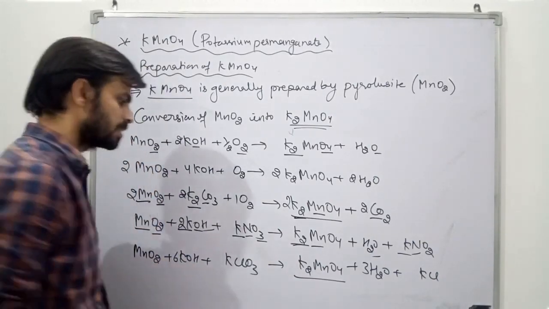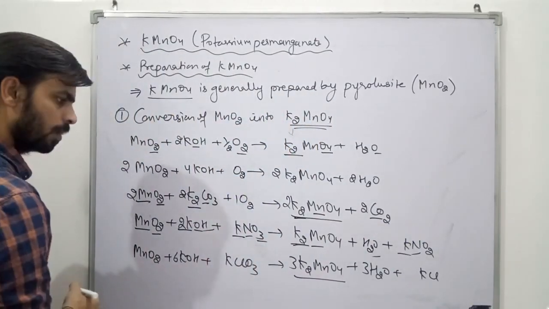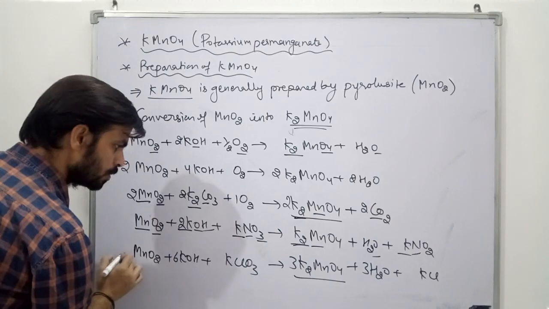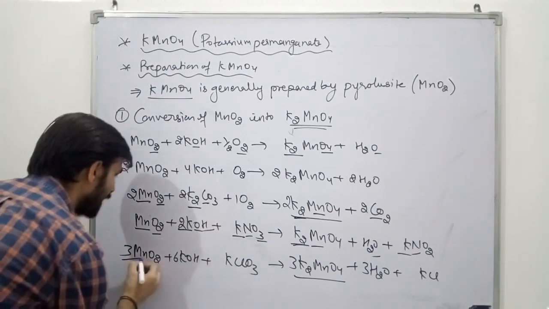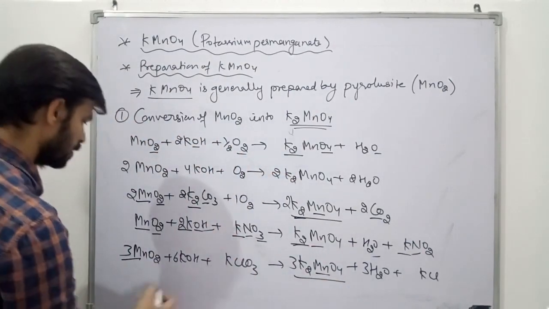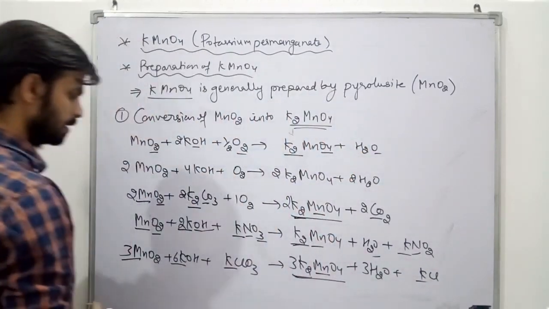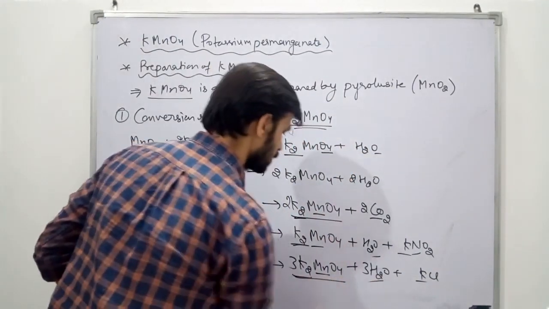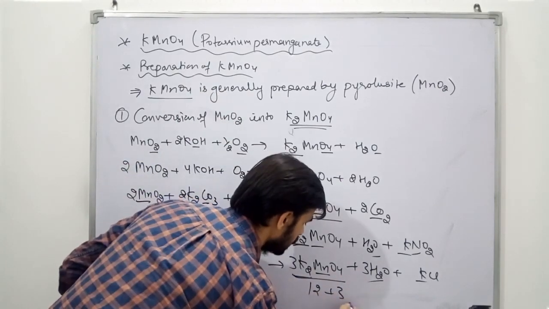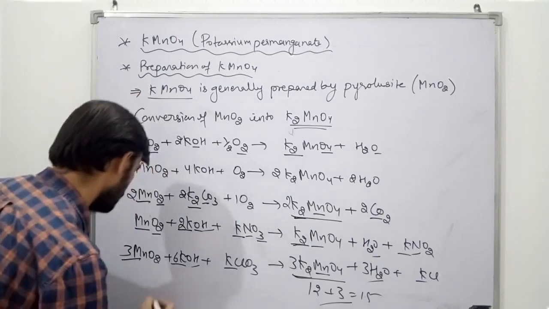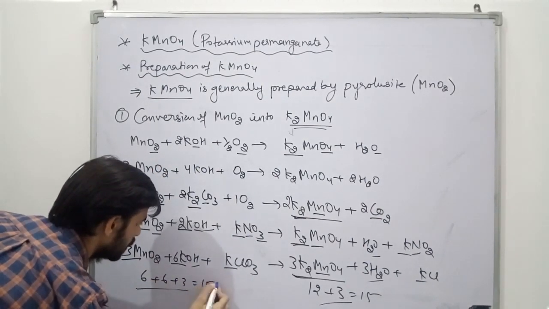Then 6 plus 1 is 7. For 3 manganese, put the value 3 here. Now it is a balanced equation: 3 manganese, 6 hydrogen, and 4 times 3 is 12 plus 3, that is 15, and 6 plus 6 plus 3 is 15.